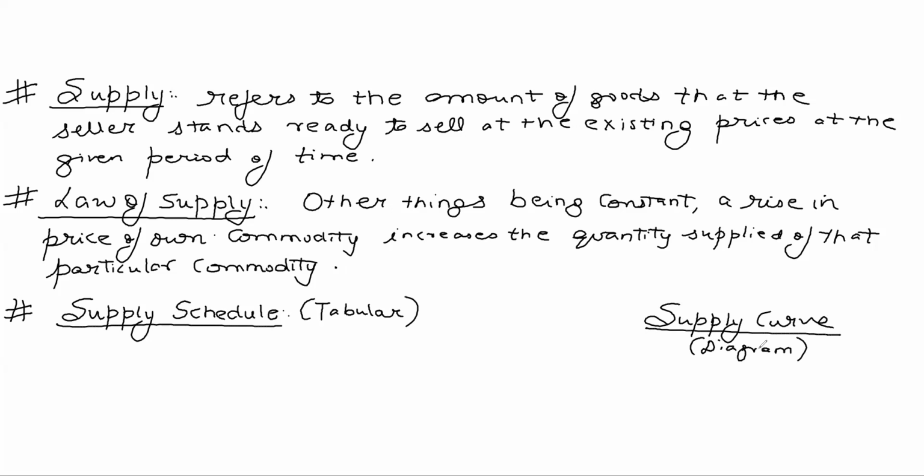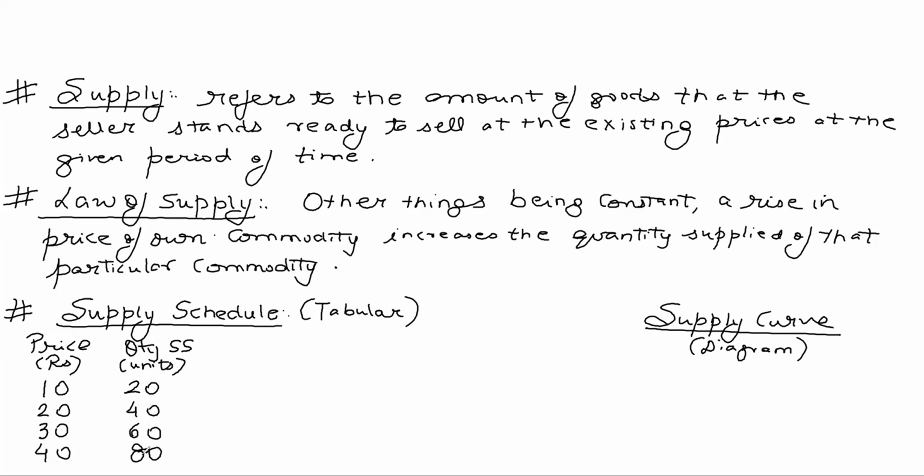So I can draw a supply schedule for all of you. Price, which is in rupees, and quantity supplied, which is in units. You can see as price increases from 10 to 20 to 30 to 40 and so on, supply increases from, we can take any number, suppose we take 20, so 20 to 40 to 60 to 80.